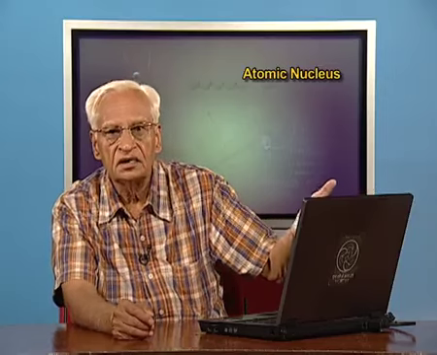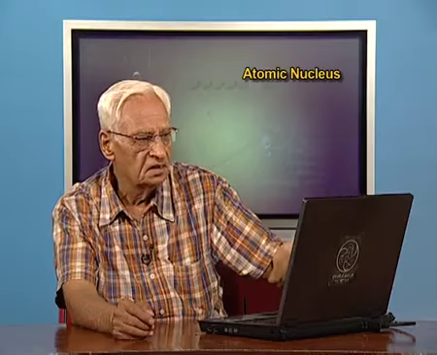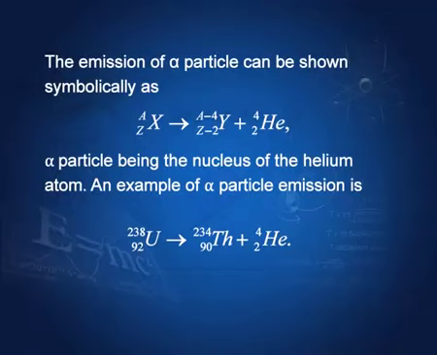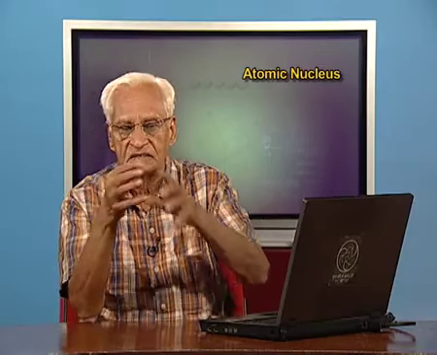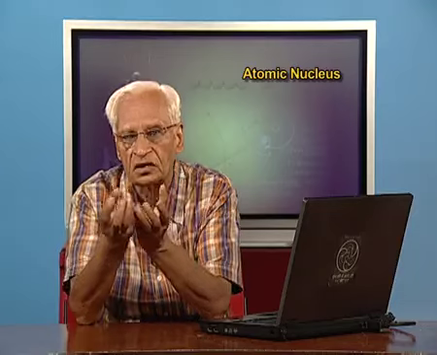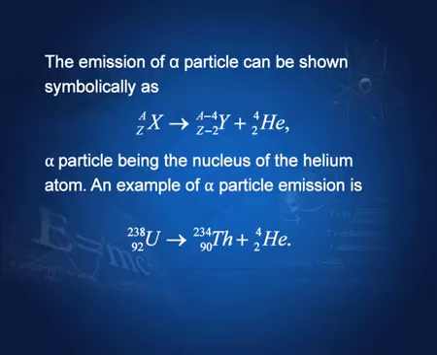What else does the unstable nucleus emit? An unstable nucleus can emit alpha particles. So, if X with mass number A and atomic number Z emits an alpha particle, then its mass number is reduced by 4 because the alpha particle has 4 nucleons and it has 2 units of charge, and therefore, the emission of an alpha particle means that 2 units of charge have already gone from this nucleus.